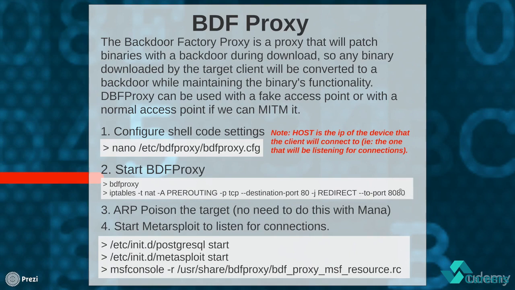You can change that from the same configuration file that we were looking at just a second ago. But I'm leaving it at 8080, so we're going to redirect any packet coming at 80 to 8080 so that backdoor factory can analyze it. If it finds that it is an executable, it will backdoor it for us, and then we can hack the target computer. So this is what I'm going to do next.